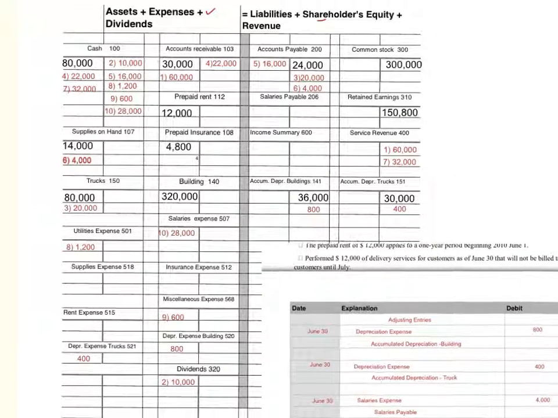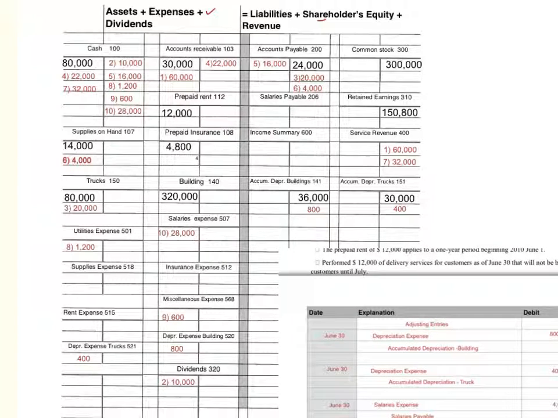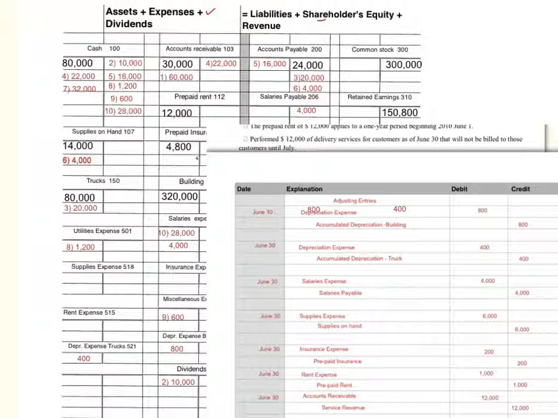Okay, so the next one, salaries expense, salaries payable. Then supplies expense, $6,000. Supplies on hand, $6,000.